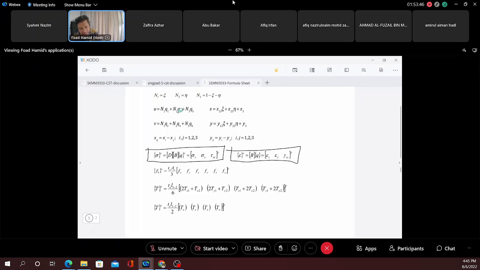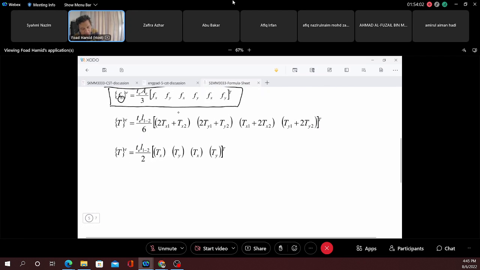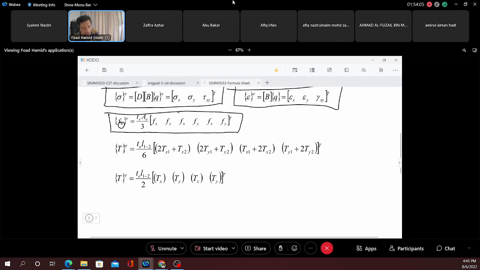This is just the definition of x to 3, for example, y to 3, for example. Note that this is for your body force. But this is for your uniform loading, which is your traction force.